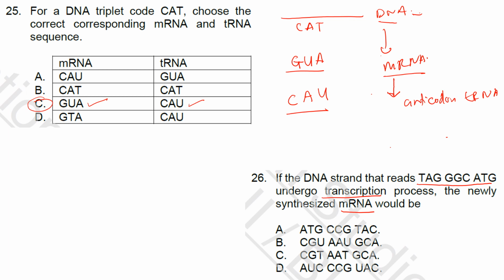Okay, so this is the DNA. mRNA will read as T with A, U, C, G, U, A, C. So which one? A, U, C, G, U, A, C. So the answer will be D. Okay, the answer is D. Right?